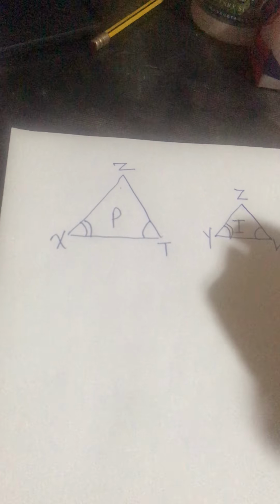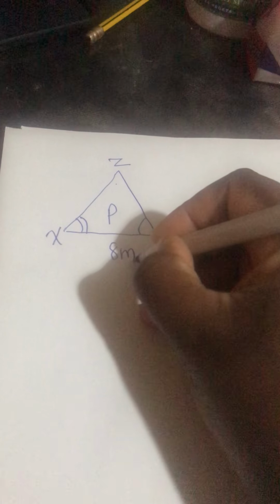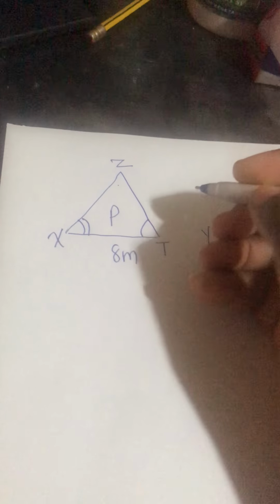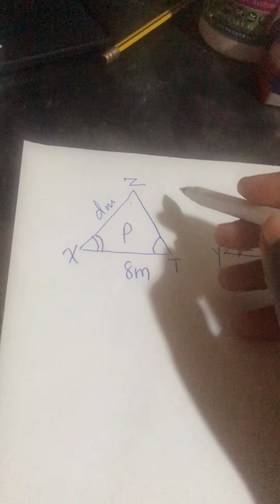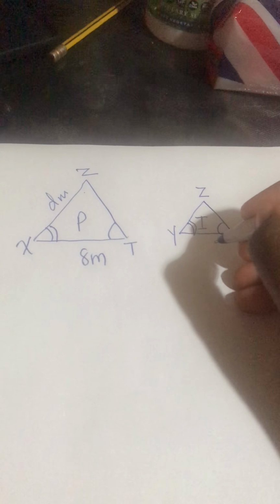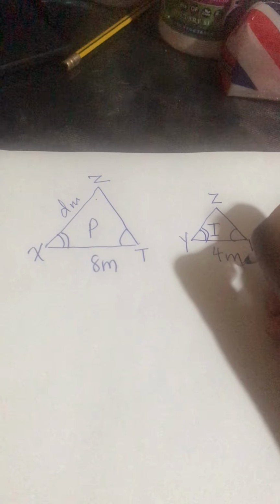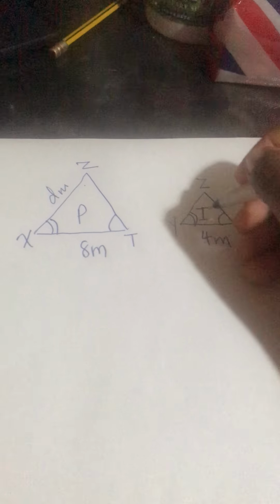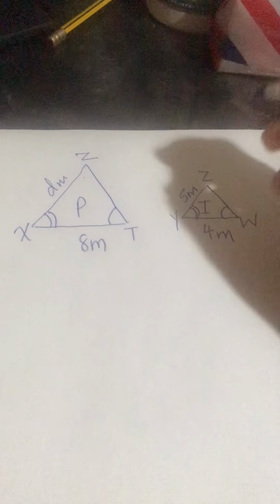Now, what do I know? XT is 8 meters. XZ is D meters. I don't know TZ because there is no number there. I know that WY is 4 meters and YZ is 5 meters. So I write my proportion.